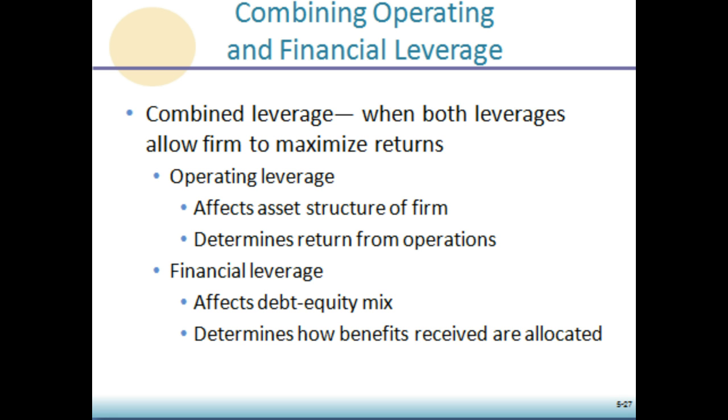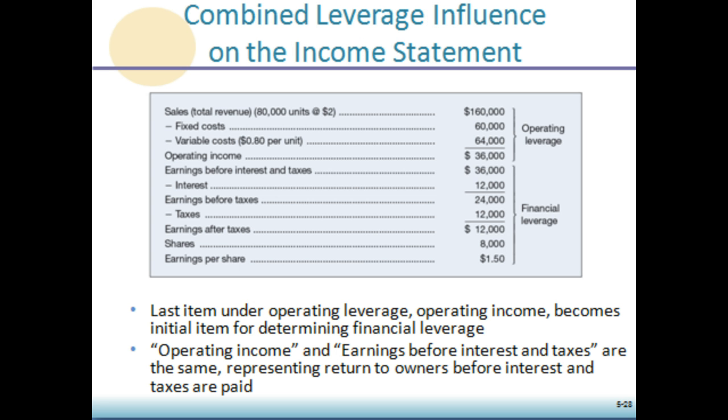On this slide, we're discussing combining operating and financial leverage. Combining operating and financial leverage provides maximum magnification of returns. It also magnifies the risk. The combined leverage effect can be illustrated through the income statement. Here is a view of the combined leverage influence on the income statement.